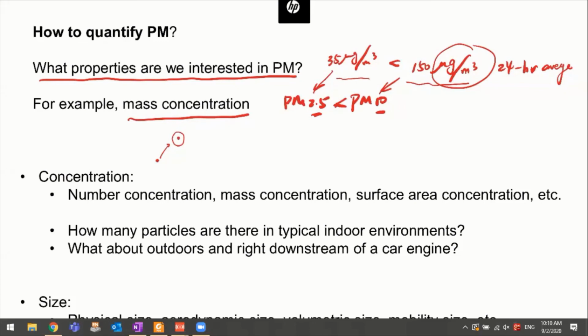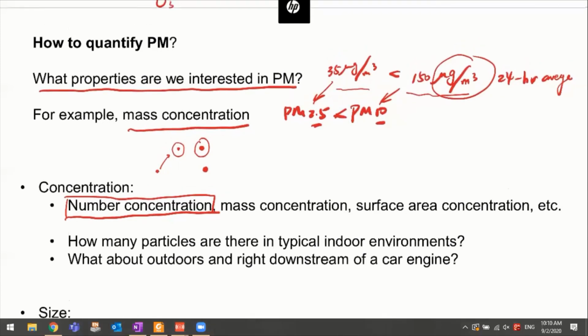It's the number, right? It doesn't matter whether the particles is large or small. If it's large, it can also form this cloud droplet. So under this situation, we're interested in the number concentration, right? We're interested in the exact number of these particles.